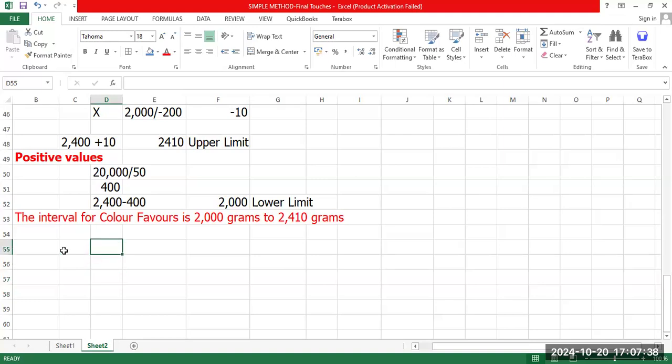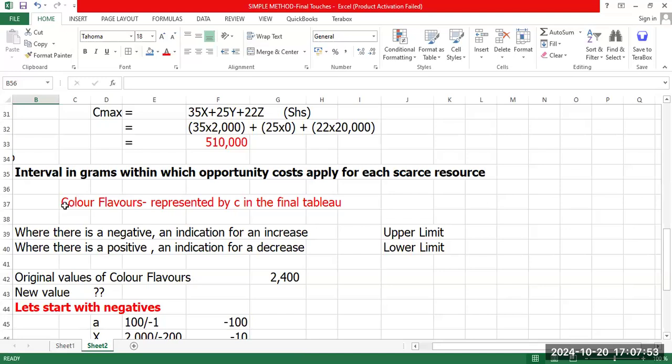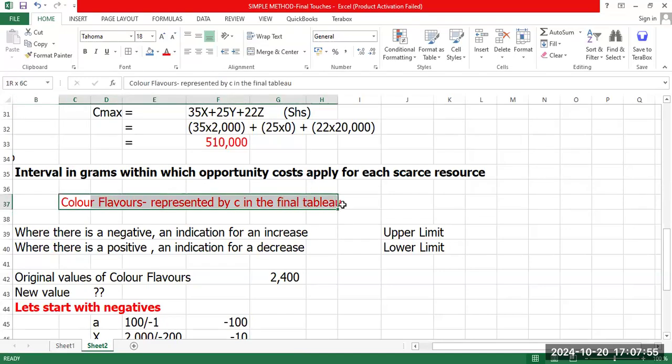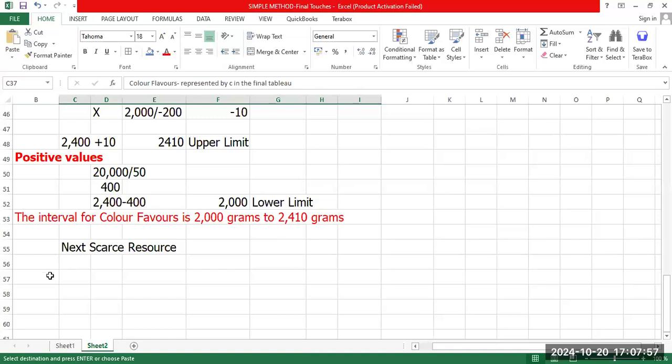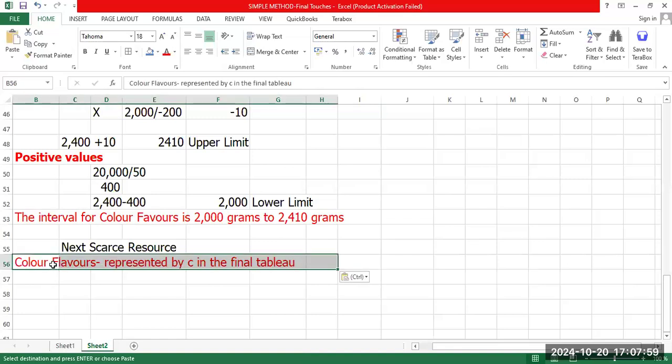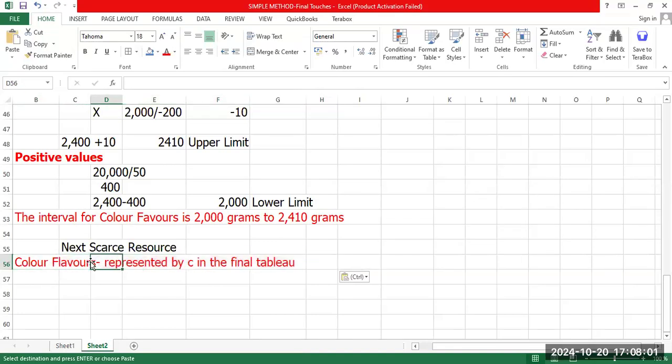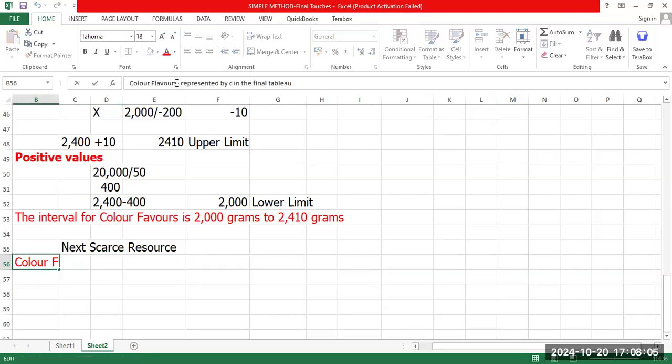The next scarce resource is labor hours. Labor hours is represented by which letter in the table?